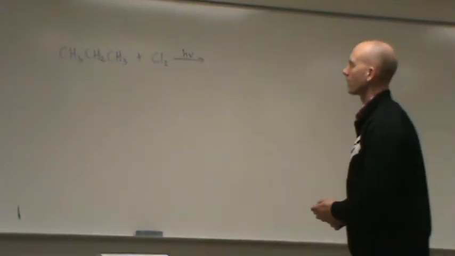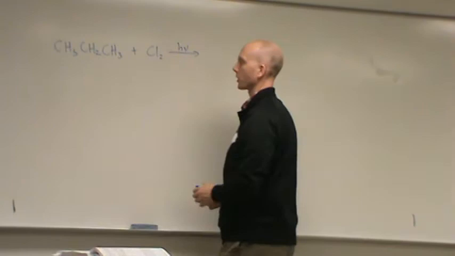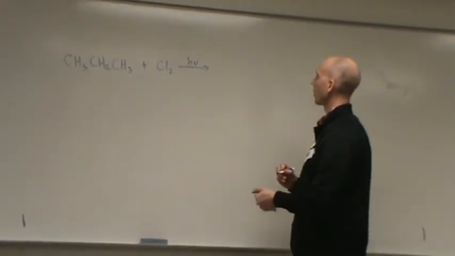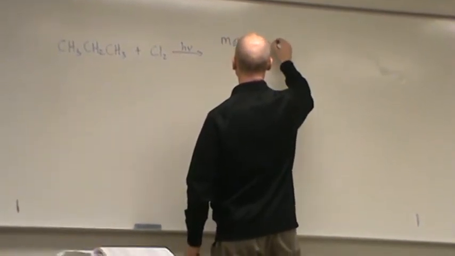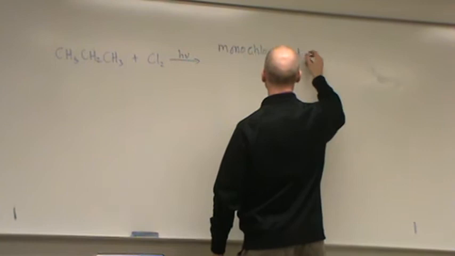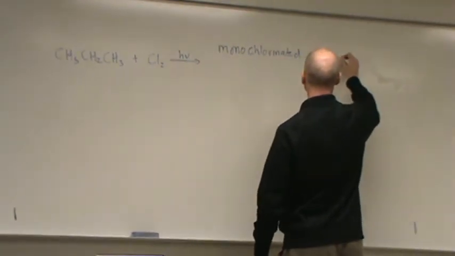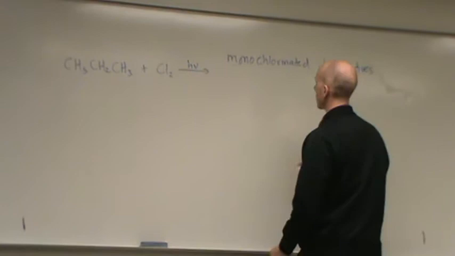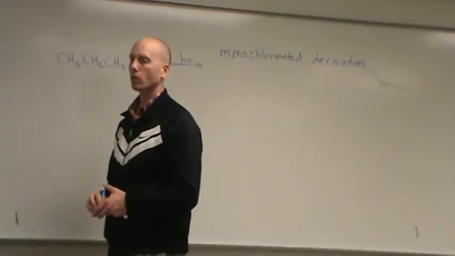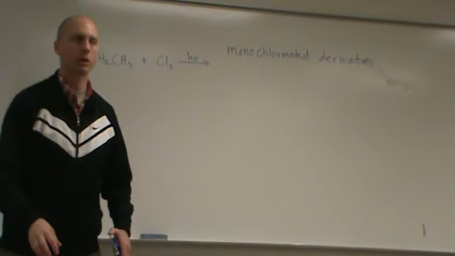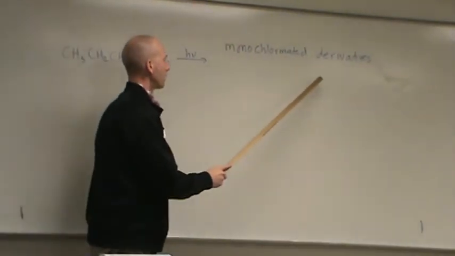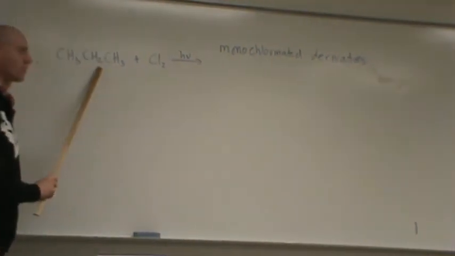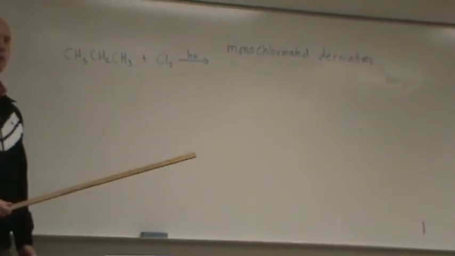With propane, what kind of products could form, what we call monochlorinated derivatives? What is a monochlorinated derivative? You see what it means? It means I have one chlorine on the molecule. So what are some different ways I can put one chlorine on the molecule?